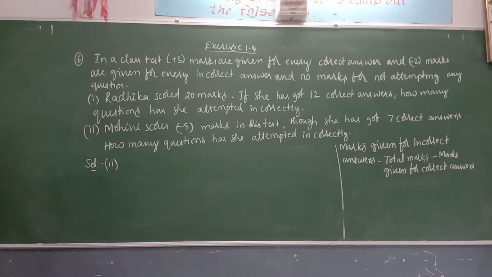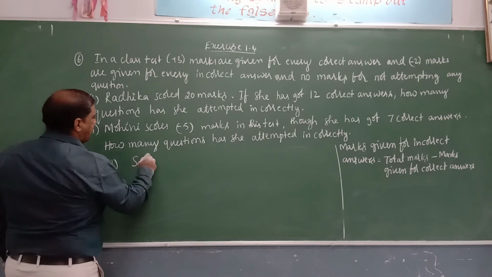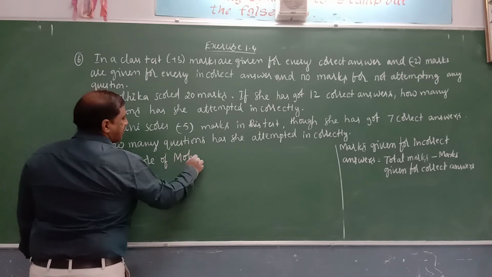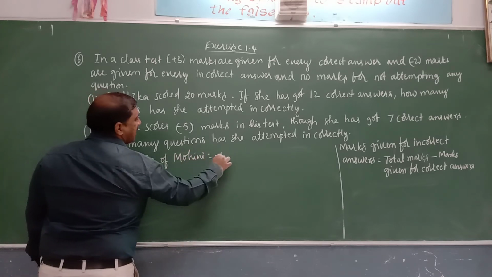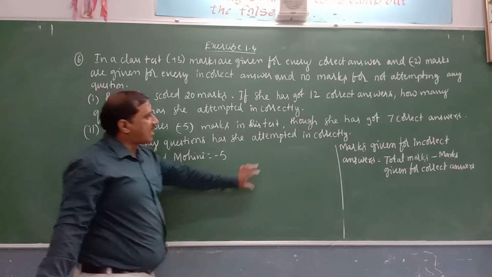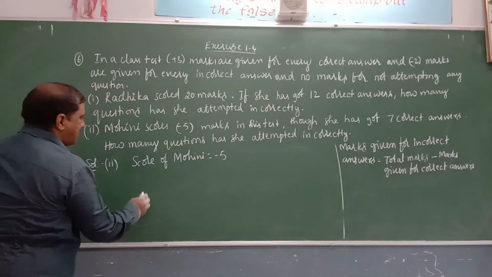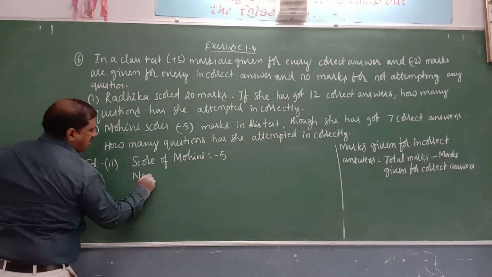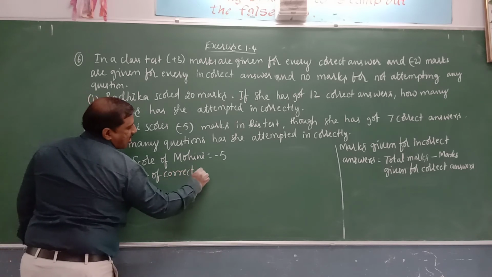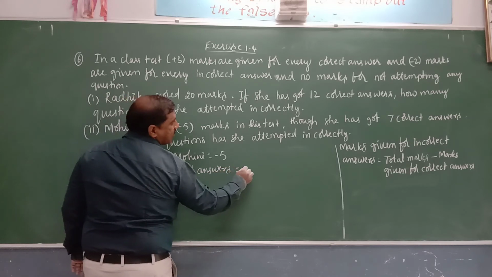Now, Mohini scored how many marks? The final score of Mohini is equal to minus 5. How many questions did she write correctly? She has got 7 correct answers. The number of correct answers of Mohini is equal to 7.